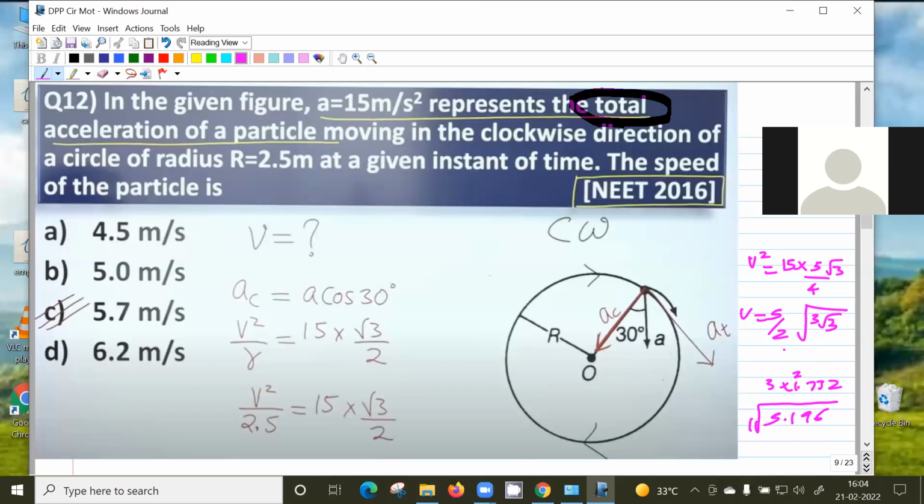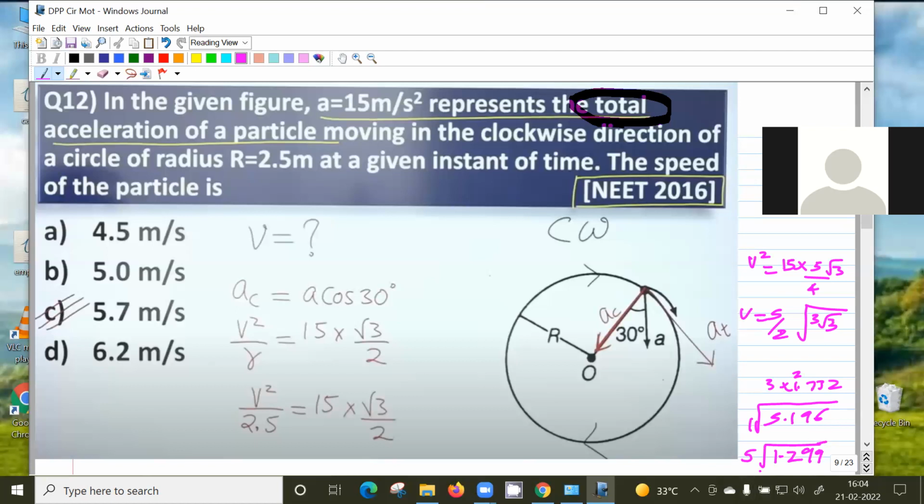Okay, 5 by 2 is there. So this 2 also I can take it inside as 4. So it becomes 5 into square root. If you take this as 4, 4 ones are 4, 4 twos are 8, 4 nines are 36.